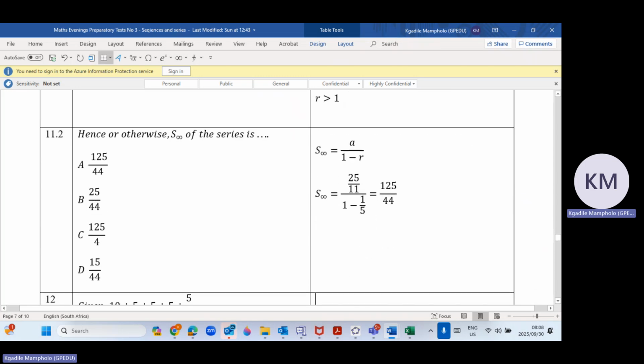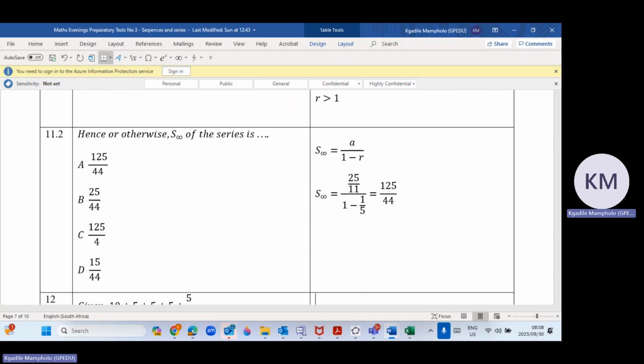Hence, or otherwise, the sum to infinity of the series. It means now we are determining the sum to infinity. Remember, the sum to infinity can only be calculated if the series converges, if r is between -1 and 1. So to calculate the sum to infinity, we use the series where x is equal to 3 over 11.